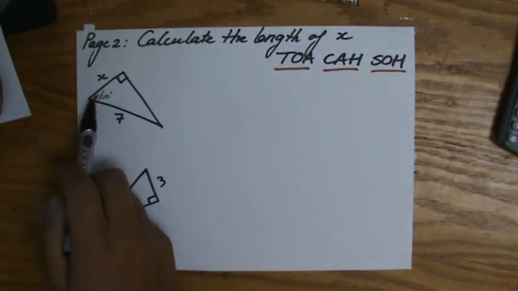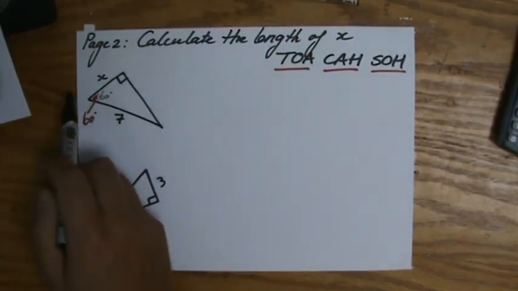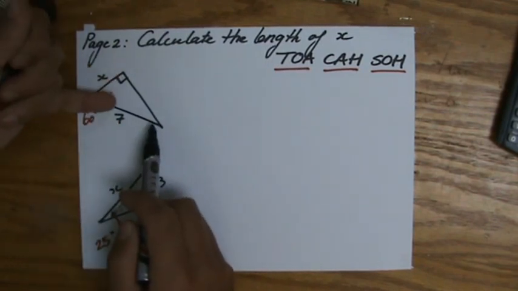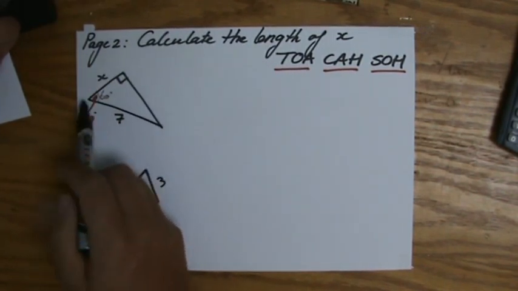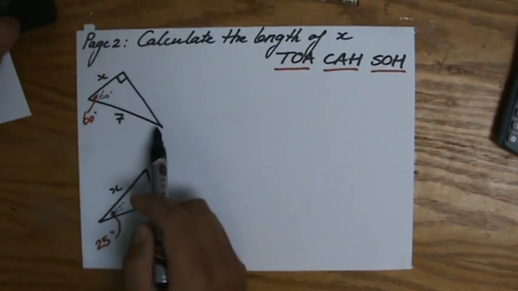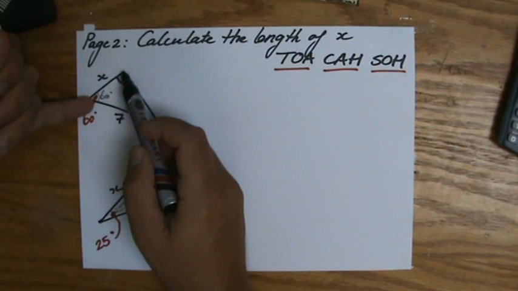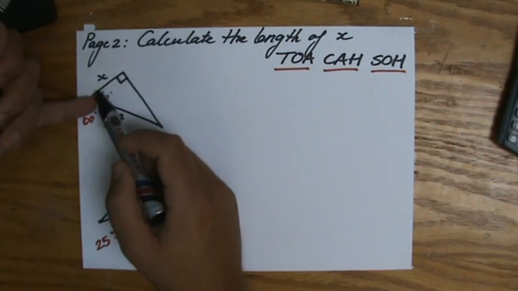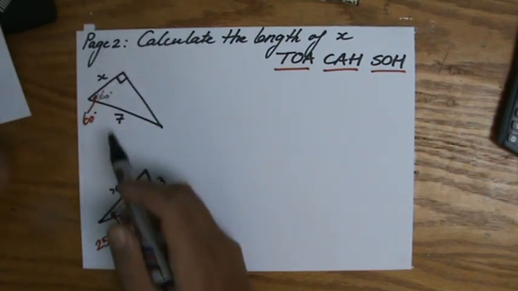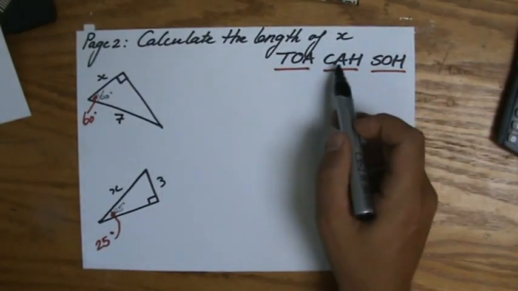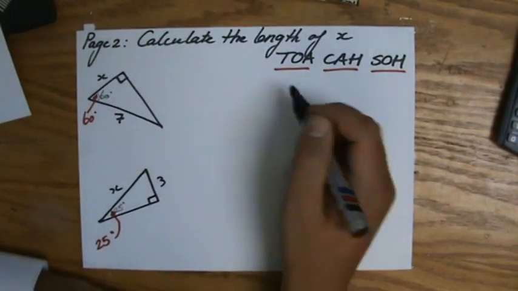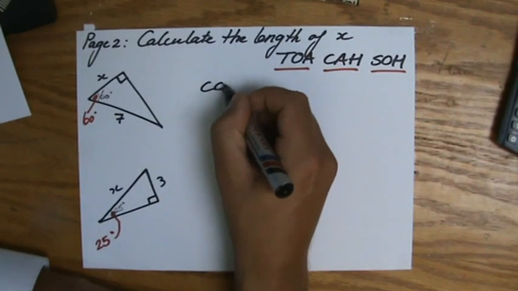Now the hypotenuse is always on the other side of the 90-degree angle. So I know the hypotenuse, and I want to find out the adjacent. I'm touching that one when I'm standing in this corner. So adjacent and hypotenuse, and that is the cosine. So now I know which ratio to use.